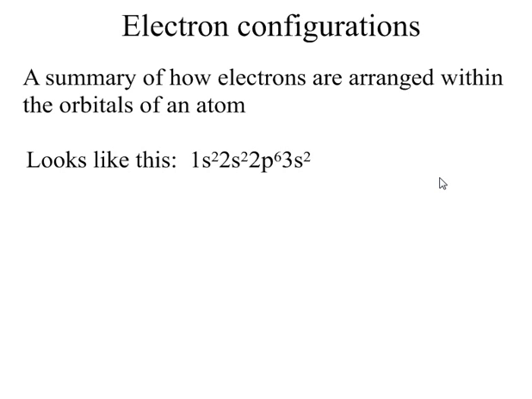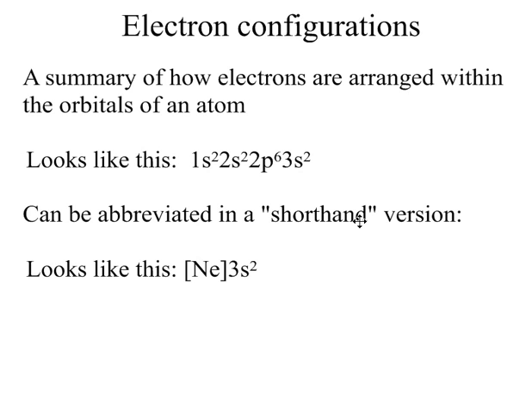Now, if we assume that the atom is neutral, then 12 electrons means we'll have 12 protons. 12 protons means we have magnesium. So electron configurations alone can help us identify neutral atoms.